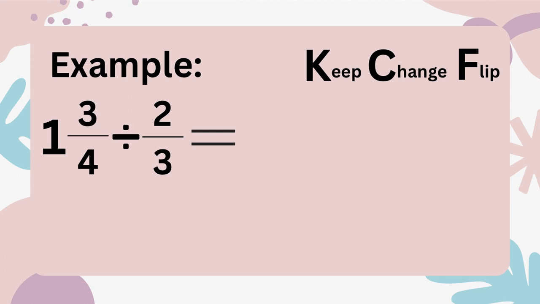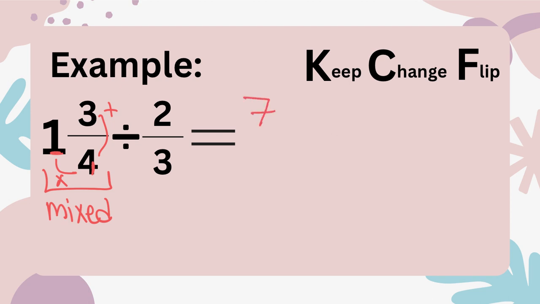So here's a similar example. We start off having a mixed number. So first, before we can do anything, we have to change that into an improper fraction. So remember, we do the whole number times the denominator plus the numerator. So our new fraction is going to be 1 times 4 is 4, plus 3 is 7.